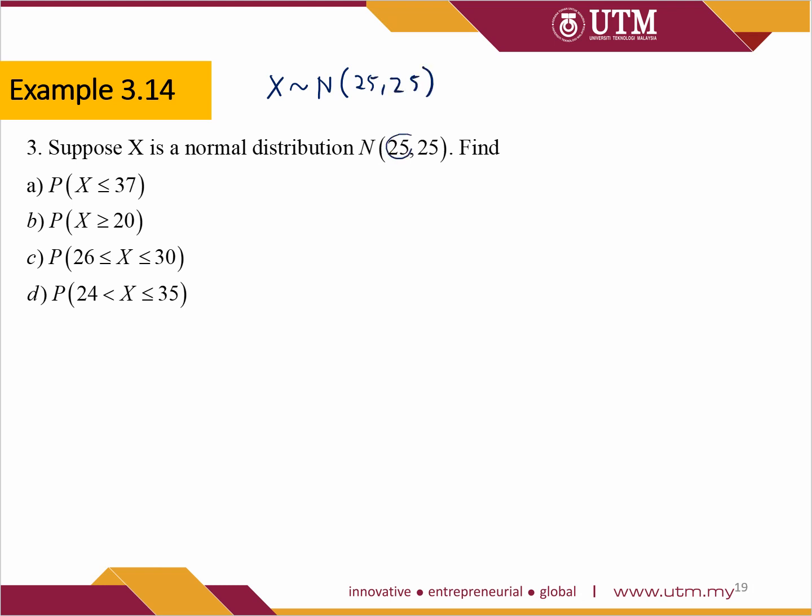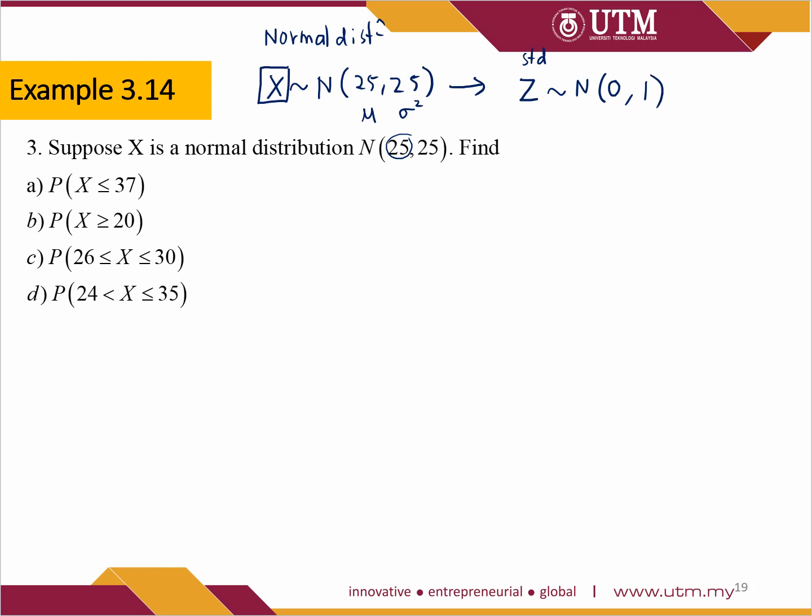This 25 refers to the mean, and this 25 refers to the variance. Remember, this is a normal distribution. So every time it's a normal distribution, you have to convert it into the standard normal distribution. The standard normal distribution is given as N(0, 1): the mean is always 0, and the variance is always 1.